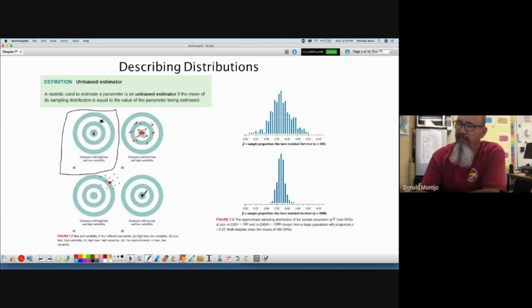Well, what affects variability? If we take a look at these two dot plots on the right, we took samples of n equals 100 of what proportion of the population is watching the popular TV show Survivor. So the sample proportion P hat, we took a sample of 100 randomly selected people in the United States.